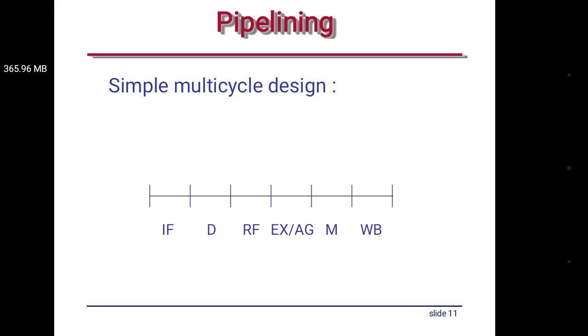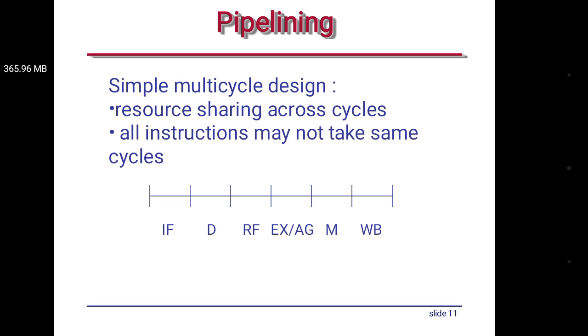So there is a simple multi-cycle design, as we can see from here. Resource sharing across cycles. All instructions may not take the same cycles. Why? The question is why, and the answer is, as we have seen, there is always a hazard associated with pipelining. If any hazard comes in between the processing, then the process will be stalled.